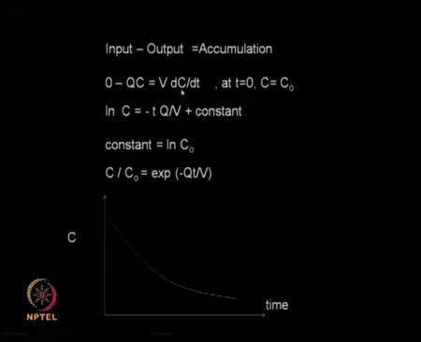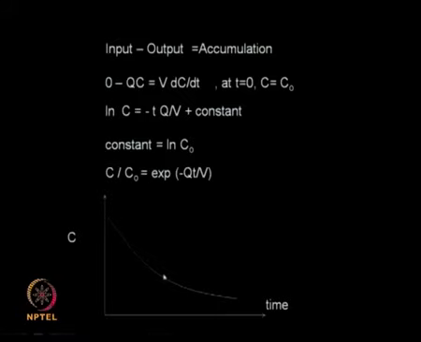If you integrate this and substitute these, you will end up with C by C naught equal to exponent of minus Q into t divided by V. C is the concentration of the solute that is leaving the tank, C naught is the concentration of the solute that was injected at time equal to 0. Q is the volumetric flow rate of the solvent that is flowing in, t is the time, and V is the volume.